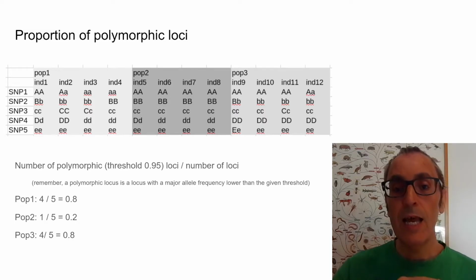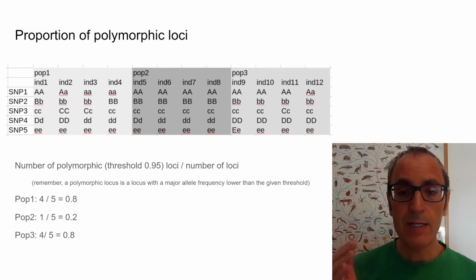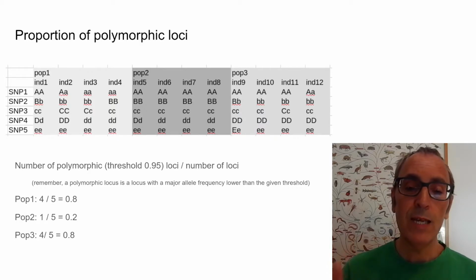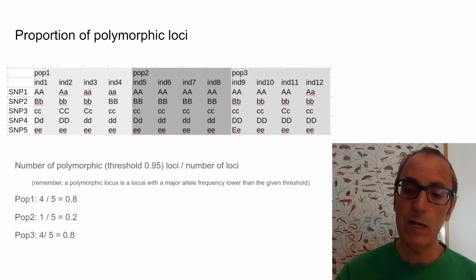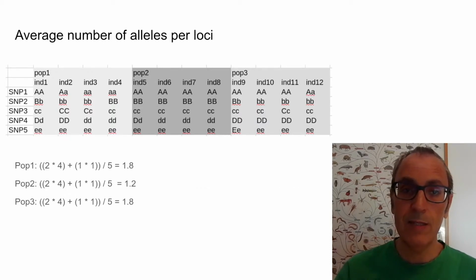For instance, how many markers do we have in which the major allele is lower than 0.95? That would be the number of polymorphic markers, and we can calculate that number for each population and calculate the frequency, and that would be the proportion of the polymorphic loci. The more polymorphic loci that we have in a population, the more diverse is the population for that index.